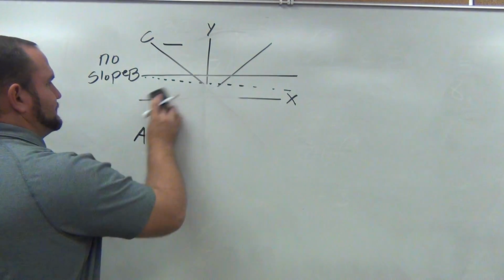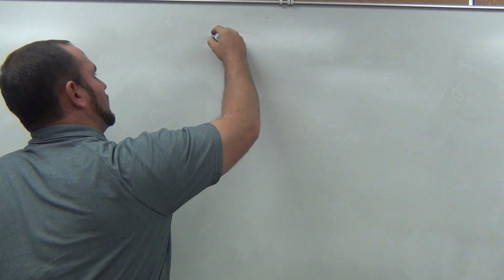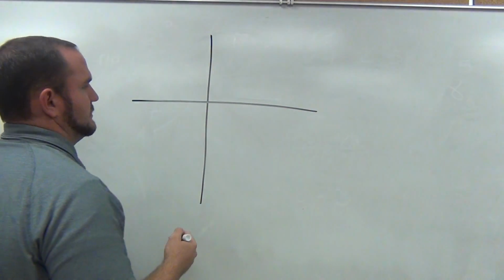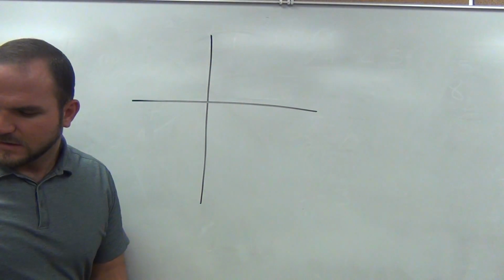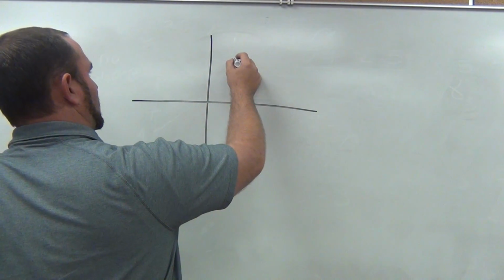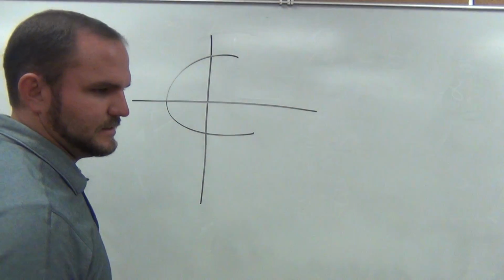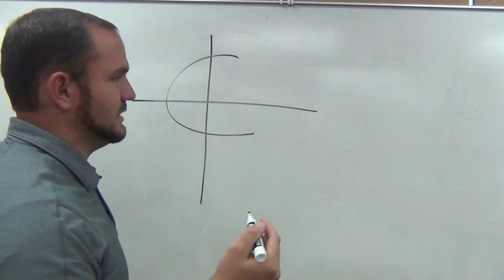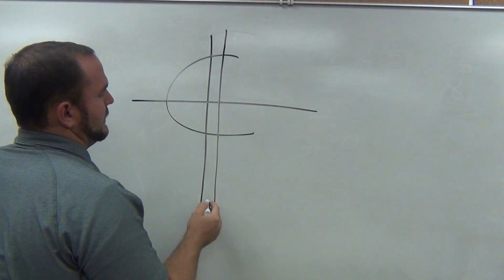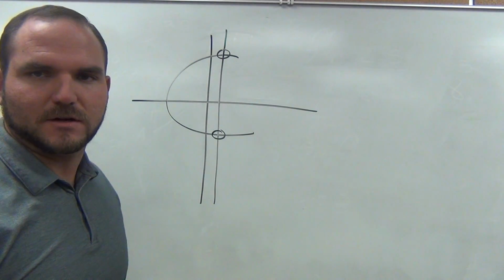Let's talk about the next thing, how you can tell using a vertical line test that something is a function. I've got a couple different things here that you'll probably see quite often. A vertical line test simply says you take your marker or pencil and go straight down, and if you can hit it twice, then it is not a function.